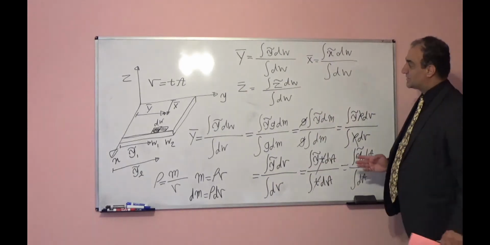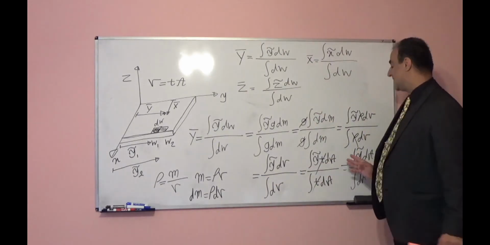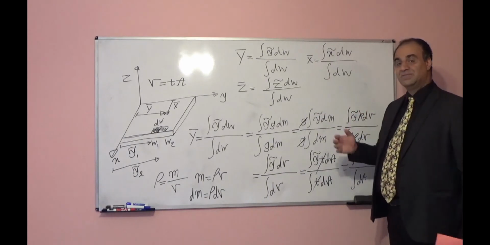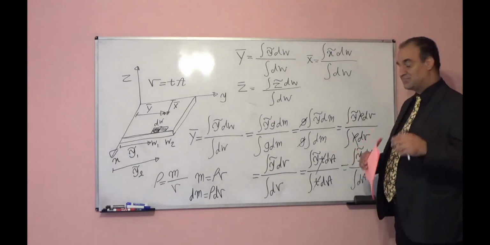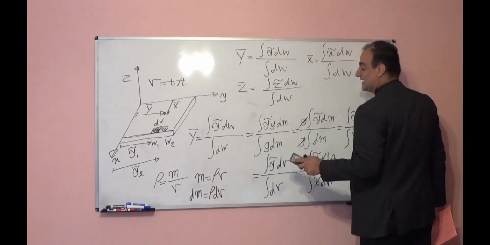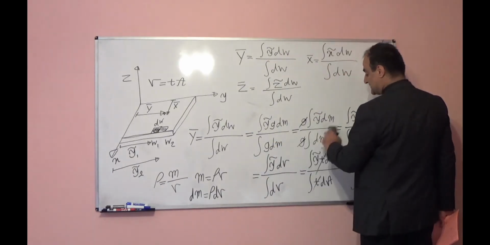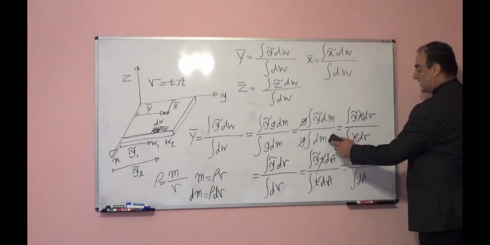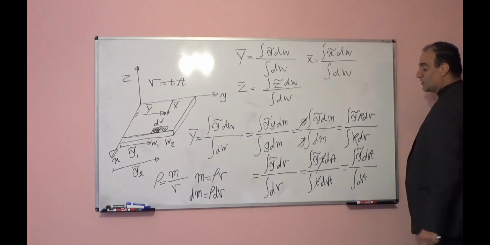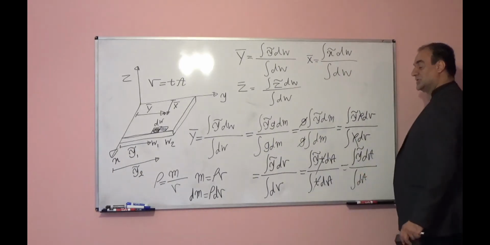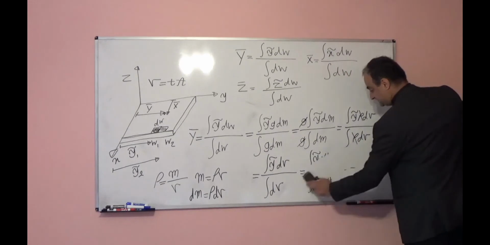So for center of area, center of mass, center of gravity, center of volume, we will use the same method, the same formula. It starts from here. If the gravity field is uniform, I can simplify to center of mass. If the density is uniform, I can simplify to center of volume. If the thickness is uniform, I can simplify to center of area.